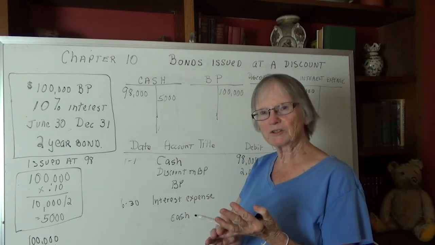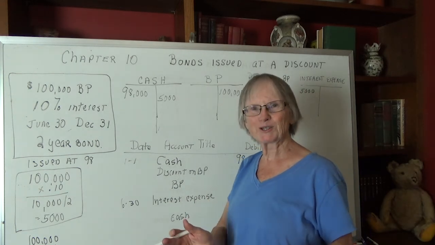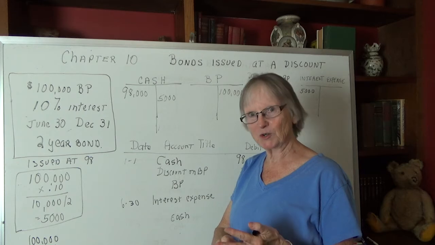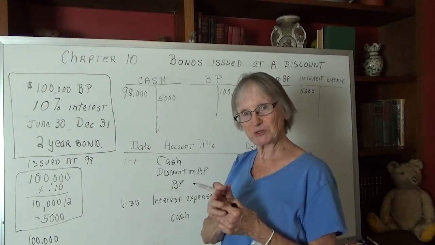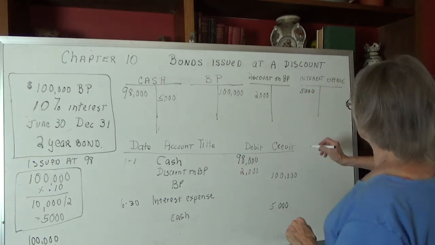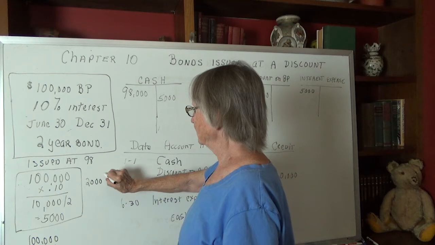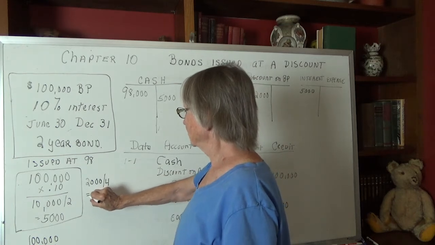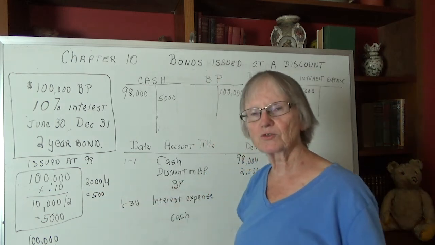It's a 2-year bond, 2 interest payments each year, so that's 4. Your typical bonds on the homework are going to be maybe 10-year or 20-year bonds. They'll have 2 payments each year, so you'll have bigger numbers to work with. But here, we're just going to take that 2,000 discount, divide it by 4, and so we're going to amortize $500 of that with each interest payment.